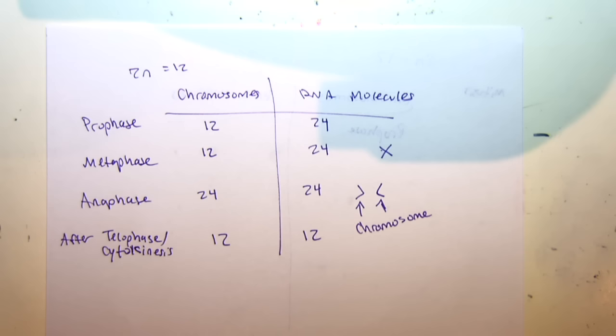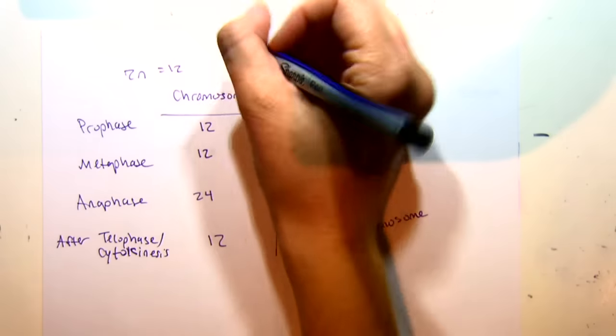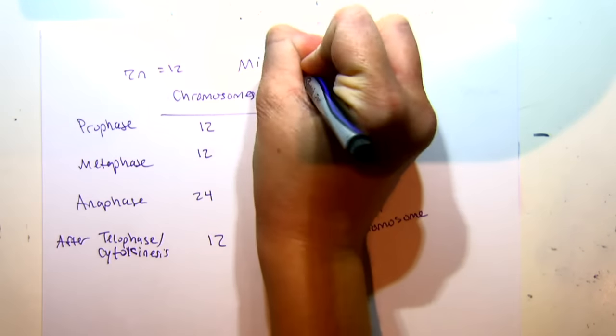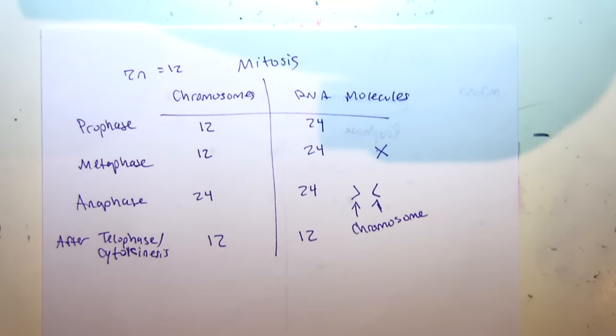And we also know that since this is mitosis, mitosis is going to be diploid through the whole process. So we know we're going to start with the same number of chromosomes we started with. The only thing we're doing is doubling the chromatids or the DNA molecules so that we can split half in one cell and half in the other.